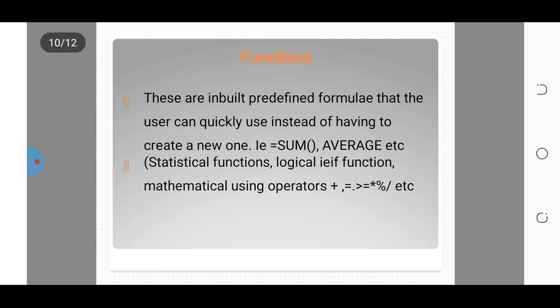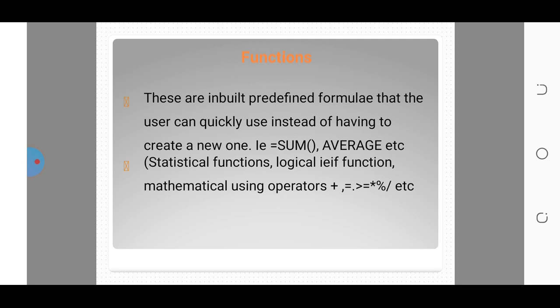The functions of the other cell data type are inbuilt predefined formulae that the user can quickly use instead of having to create a new one, i.e. equal sign, sum, average, and so many others. Statistical functions, logical functions.